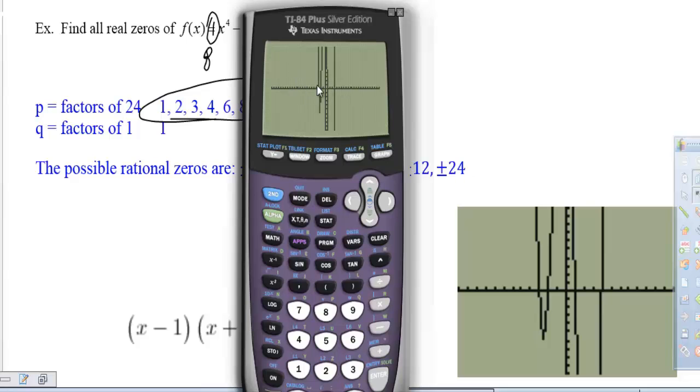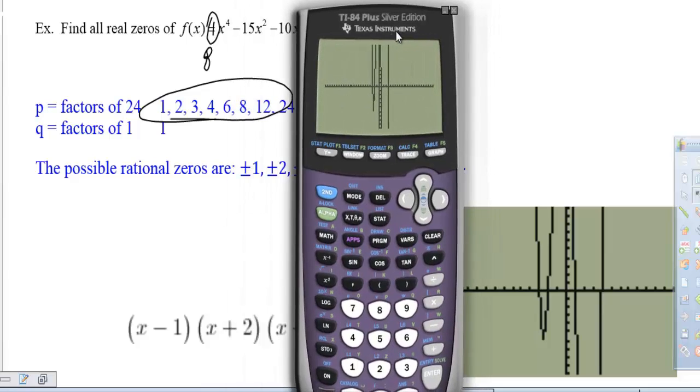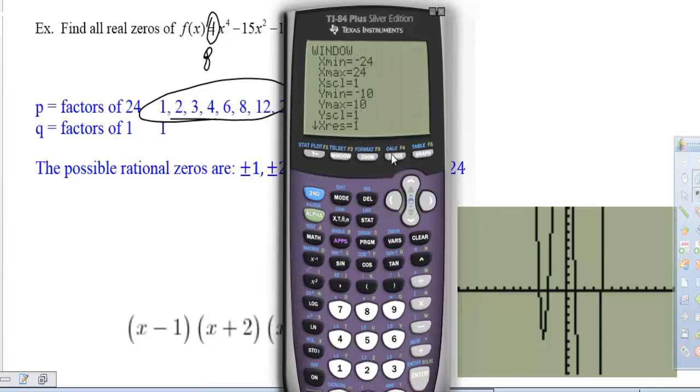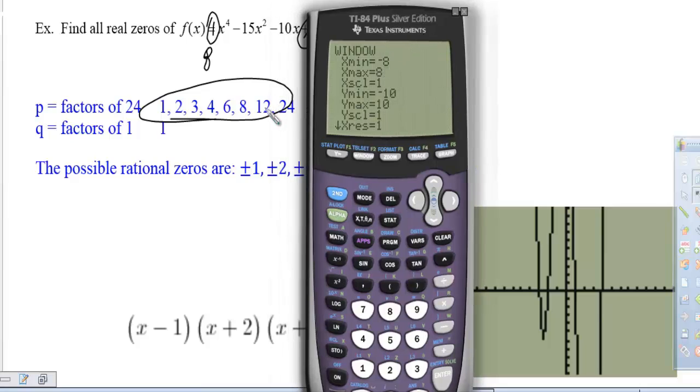This would be about 12, so we're somewhere in here, probably like 8 or 6. Let's go ahead and change our window. Let's go to -8 and positive 8. I know that it certainly looked closer than 12. I'm going to go ahead and make it 8 just to make sure. And I could have moved further in. But I see 1, 2, 3, and 4.